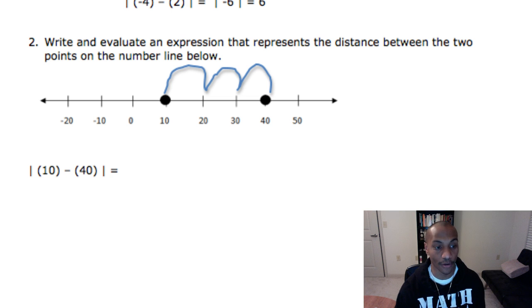Let's see, 10 minus 40 is going to give me, that's right, -30. So I have -30 here, and the absolute value of -30 is equal to, that's right, just 30. So there are 30 spaces between 10 and 40.